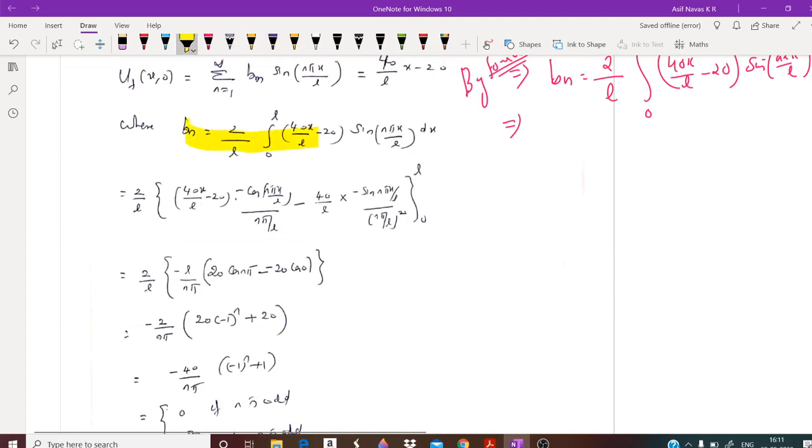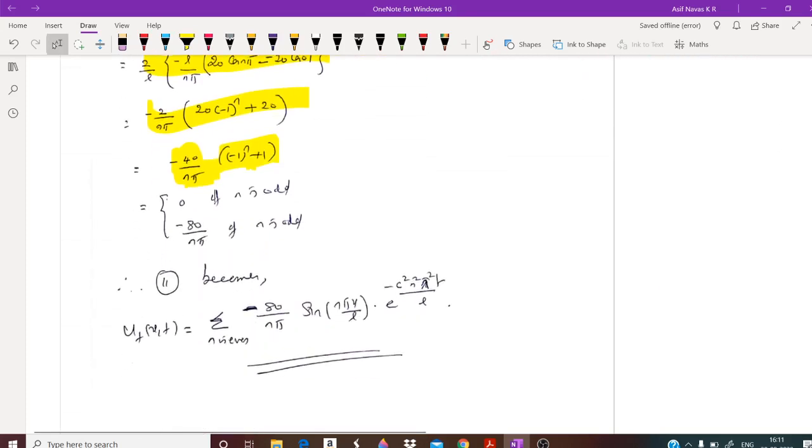If you integrate this by normal integration, you will get the answer minus 40 by n pi times minus 1 power n plus 1 minus 1 power n plus 1. If n is odd, this becomes 0, and if n is even, this becomes 2. So this is the answer.